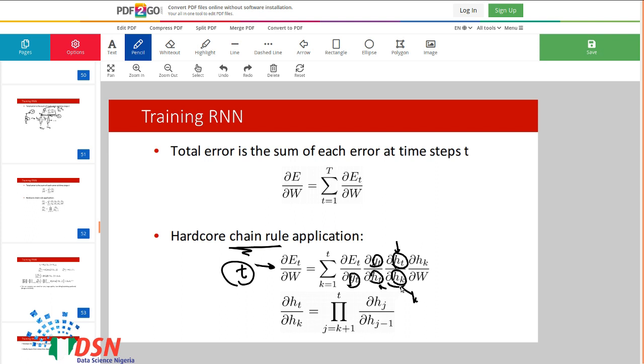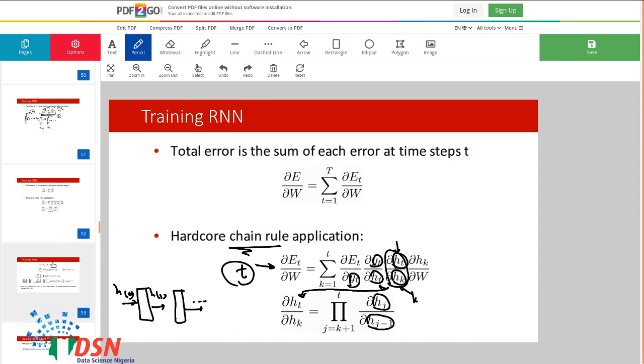And this last term itself, because we have this kind of architecture with h0, h1, and so on, we could write as the multiplication of the derivatives of hidden states with respect to the previous hidden state.